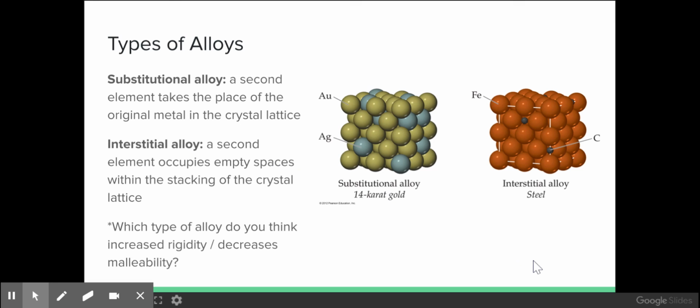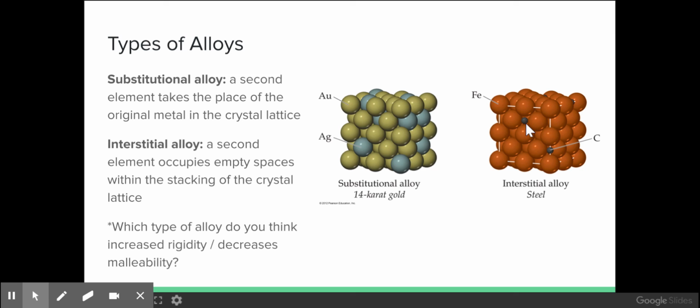An interstitial alloy takes an element that is incredibly smaller than another metallic element in the alloy. So steel is an example of this. The carbon atoms are able to wedge themselves within the tiny gaps of the crystal lattice.